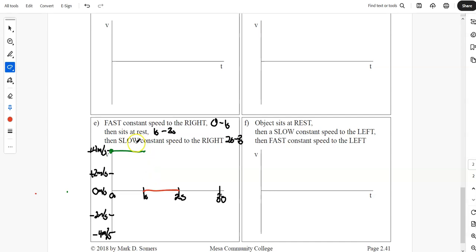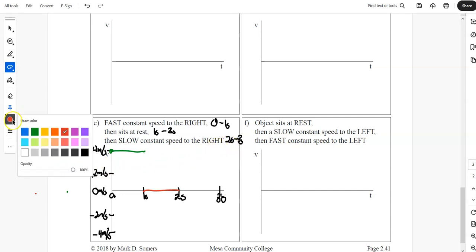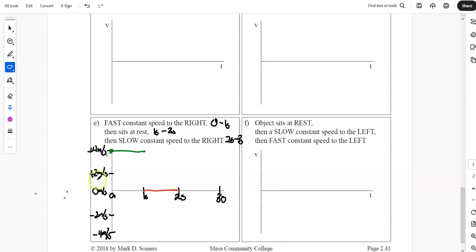Okay, and then in E right here, we have an object moving at slow constant speed to the right. So slow, I think we used purple, and that looks purple. And so from 2 to 3 seconds, it's moving at a positive 2 meters per second for that last second.